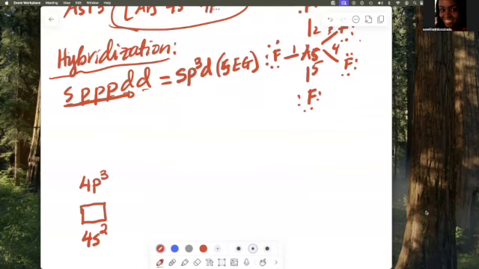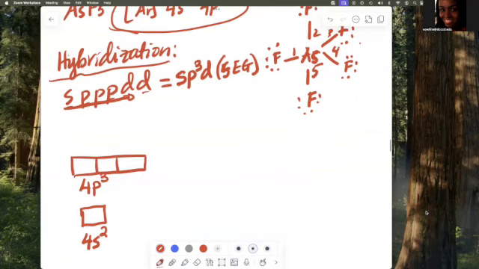The 4p sublevel has 3 orbitals: 1, 2, 3. Since I'm going to need the d sublevel, I'm bringing in the 4d sublevel. It is empty right now, so I put 0 here, but the 4d sublevel holds 5 orbitals: 1, 2, 3, 4, 5.